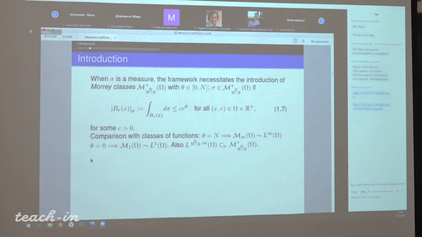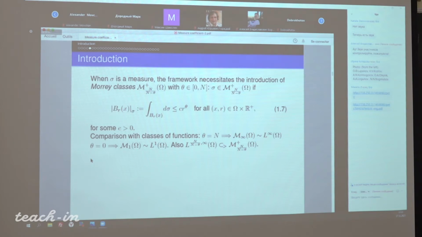We say that this measure is in the class M^+ of n minus theta, because they are positive, with theta between 0 and n, if the sigma measure of a ball is bounded by C r to the theta.